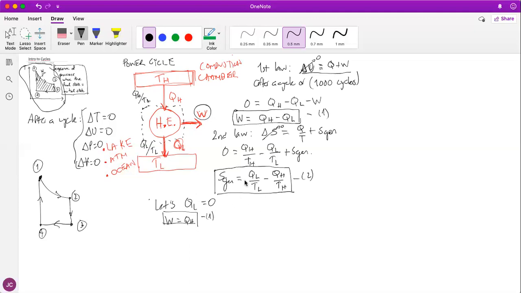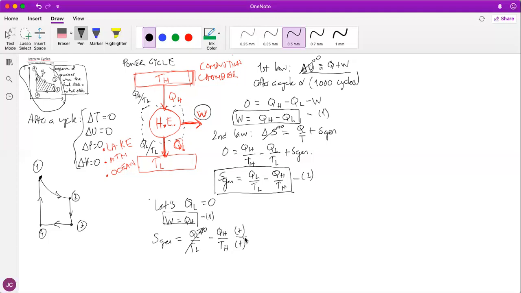Now let's do it for the second law. So Sgen equals QL divided by TL. Let me emphasize this with a 0 over there, because QL equals 0, and therefore minus QH divided by TH. Now, QH goes in, so this thing is positive, divided by something that is also positive, because temperatures in Kelvin need to be positive if you're not studying some weird systems that actually have negative Kelvin temperatures.